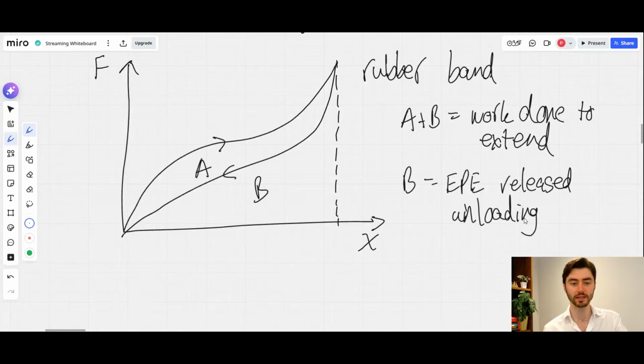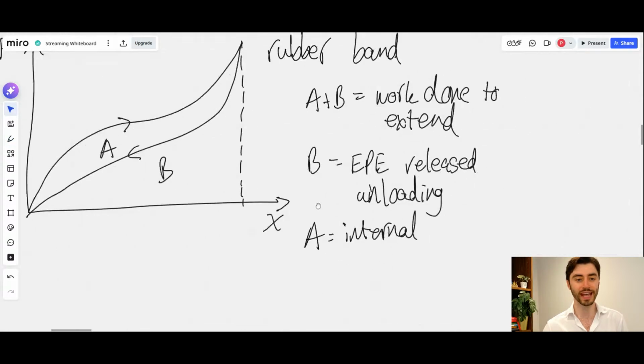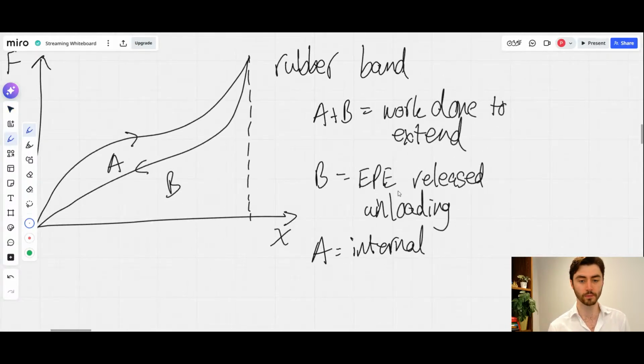And what we find is you have to put more energy in to extend it than you get back out again when it comes to its original shape, which means that area A is the internal energy increase of the rubber band, because it retains some of that energy as heat.